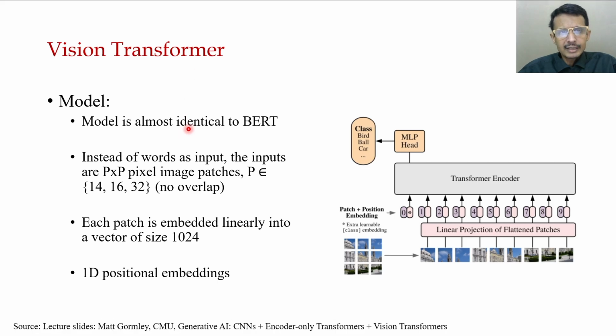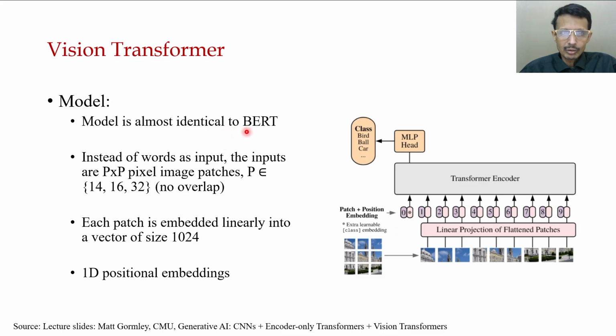Now this model is almost identical to BERT, and instead of words as input, the inputs are P by P pixel image patches, and there is no overlap there. Each patch is embedded linearly into a vector, with 1D positional embedding. So these are the basic ideas of the vision transformer.